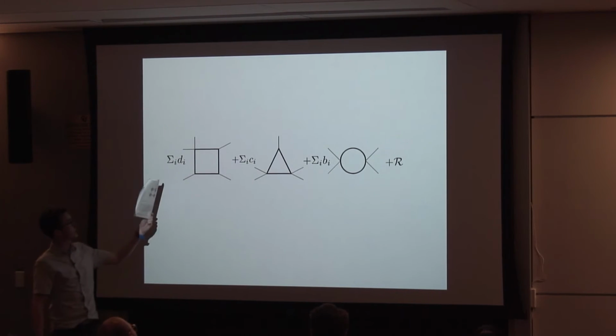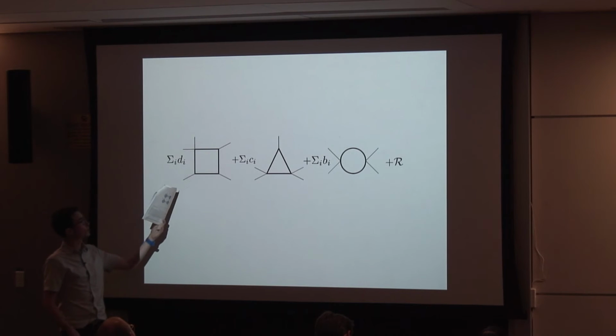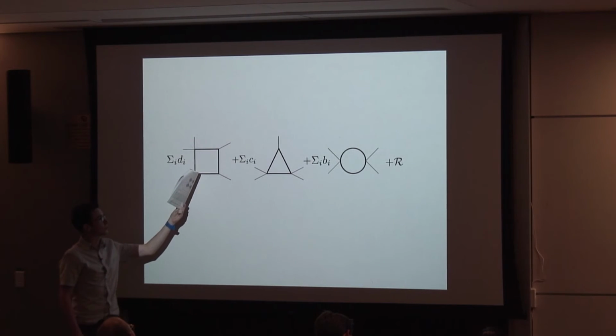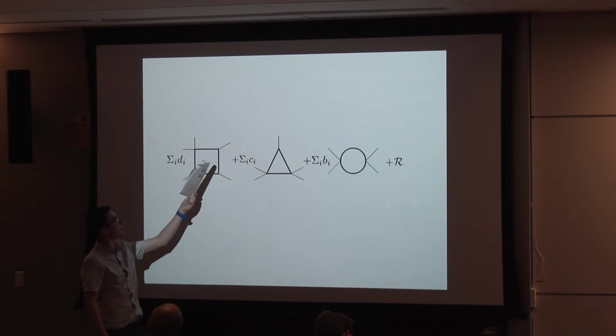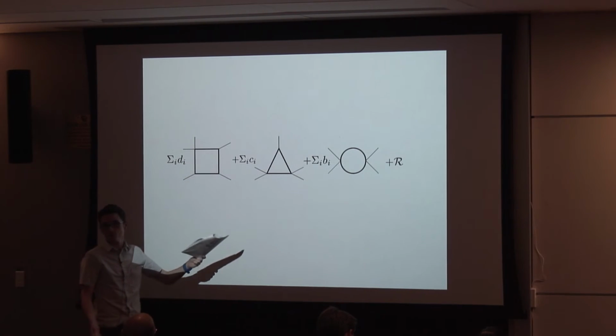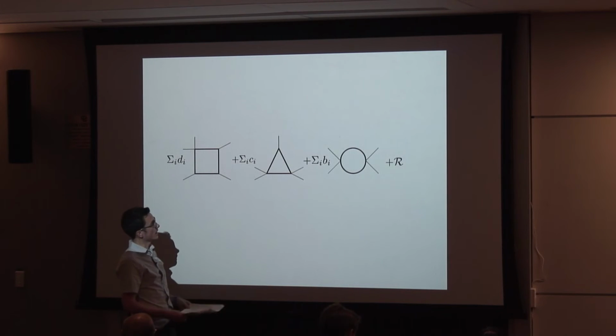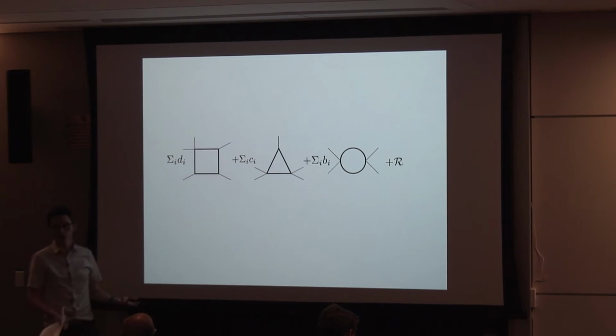The coefficients D, C, and B depend only on the external kinematics, they don't depend on the loop momentum, and they're rational functions too. Then these loop functions are just all possible ways I can assign my legs to make a box, or vice versa, right?